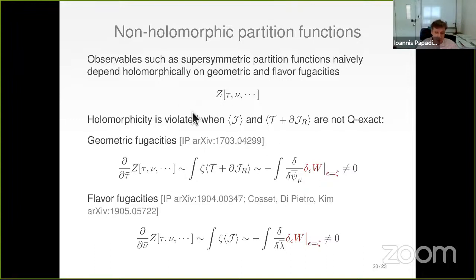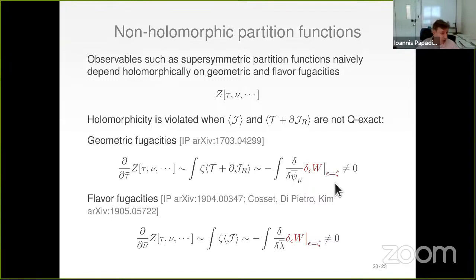And now the holomorphicity is violated by the fact that these operators, these currents, are not Q exact, as we just saw. So in particular, if we take the tau bar derivative of the partition function, then we find that it brings down this operator here. And because it's not Q exact, there's a non-trivial contribution coming from this expression here from the anomaly.